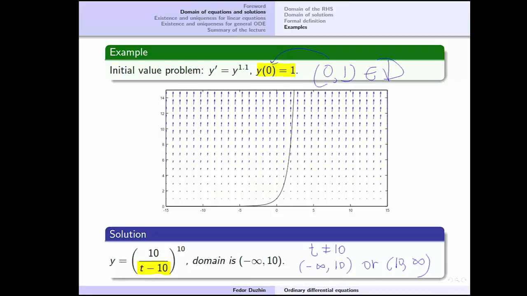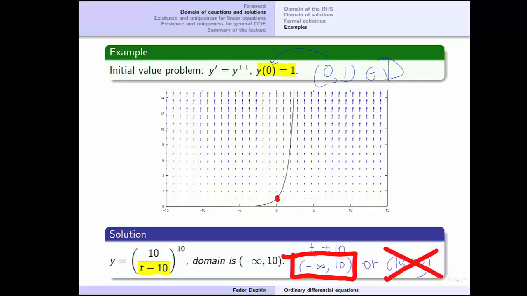But when t equals 0, among the two intervals, this one does not contain it, but this one does. So hence, the domain has to be the interval from minus infinity to 10. In other words, what we observe here is that the initial value is y of 0 is 1, so it is here.